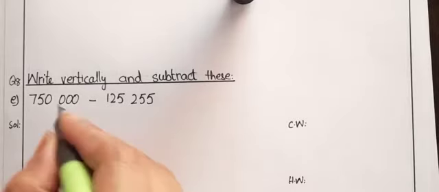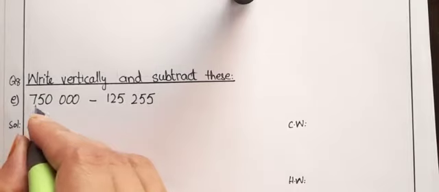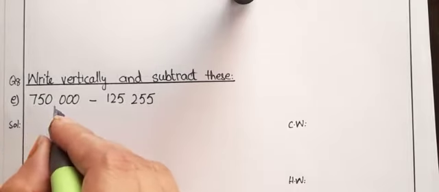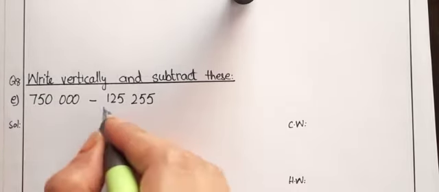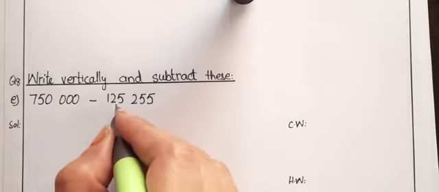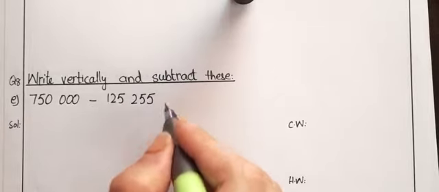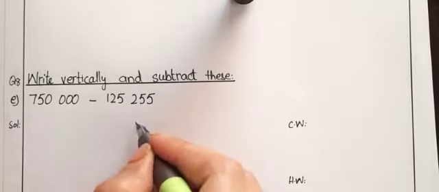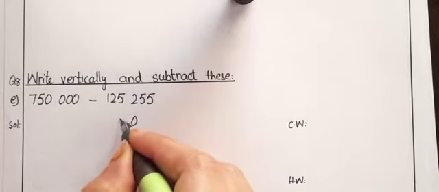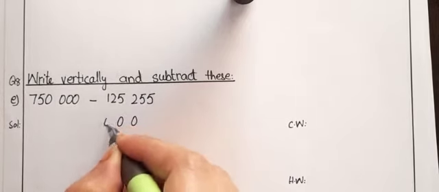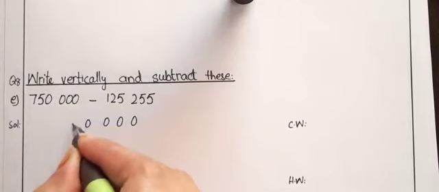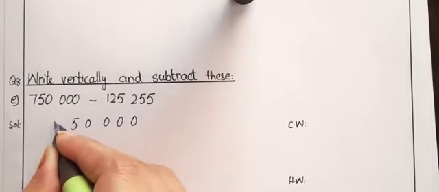I'm doing part E and I will leave first 4 parts on you for homework. Okay, let's write the digit. This is the first digit, that is 750,000. Okay, minus 125,255. So let's start writing 0, 0, 0, 0, 5, 7.